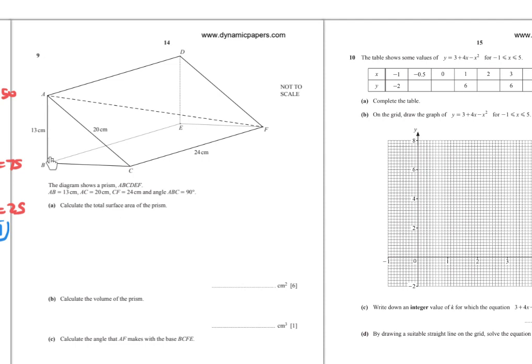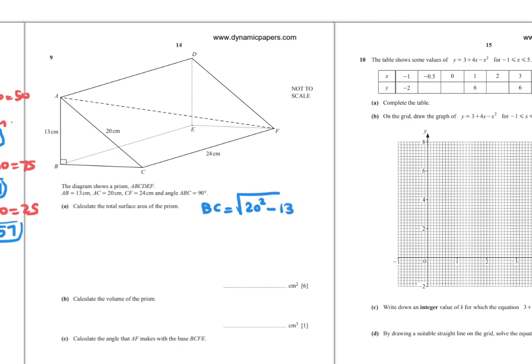So for this triangle, this right angle triangle, we need base and height. We have the hypotenuse 20 and this side 13. We can find this side using Pythagoras theorem. So BC equal square root 20 squared minus 13 squared equals 15.2 to 3 significant figures.